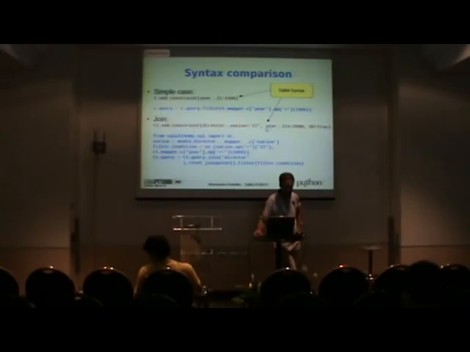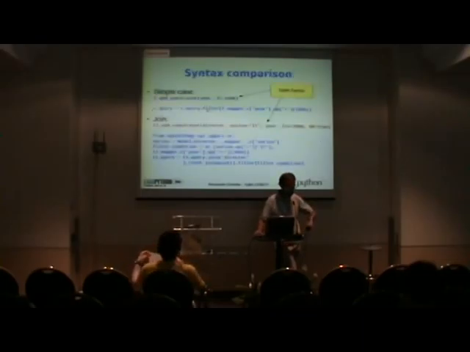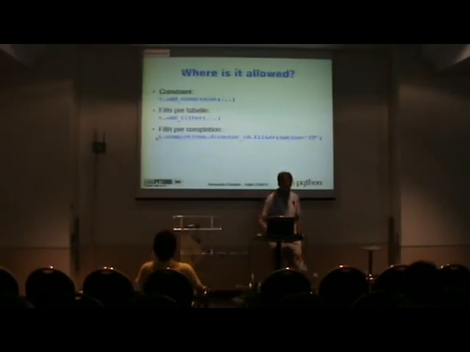And look here, the comparison between the syntax that is allowed by Sqlkit, and this is the syntax that would be allowed by SQLAlchemy. I'm sorry. Really? Okay. And this is for a join, much even worse. And you can use Django-like syntax, both for constraints, filters, completions.